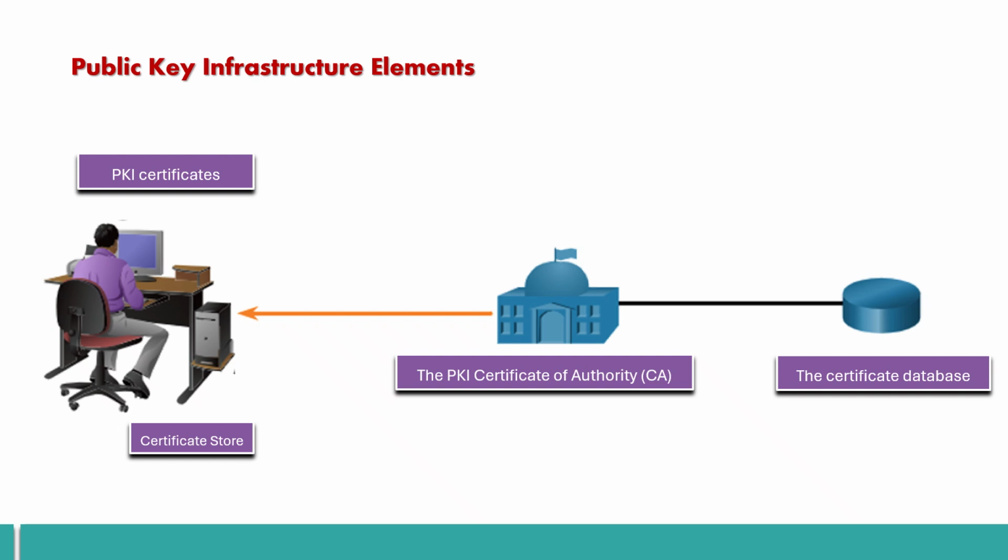That individual or organization will store the certificate, for example, on a computer, which is referred to as certificate store. So the elements include CA, database, certificates, and certificate store.